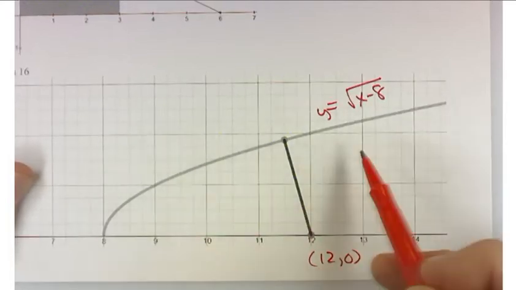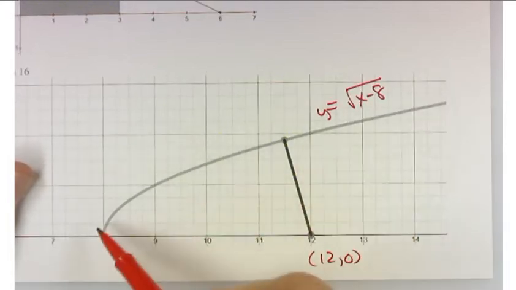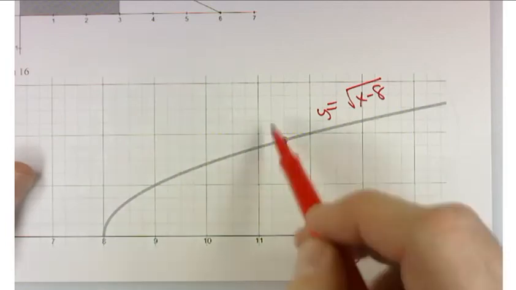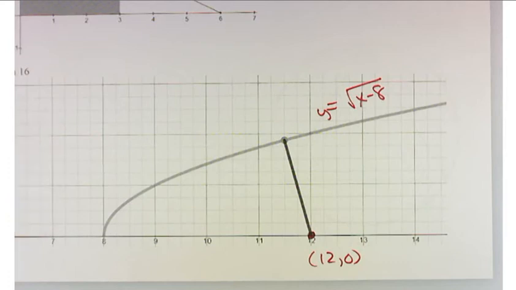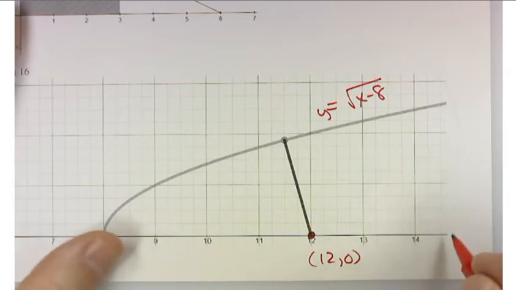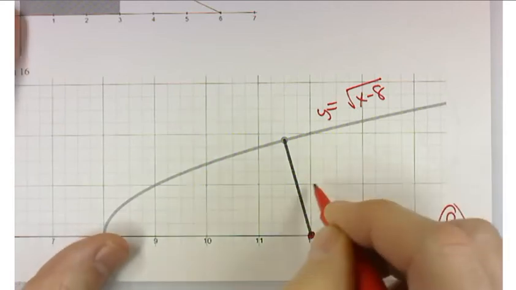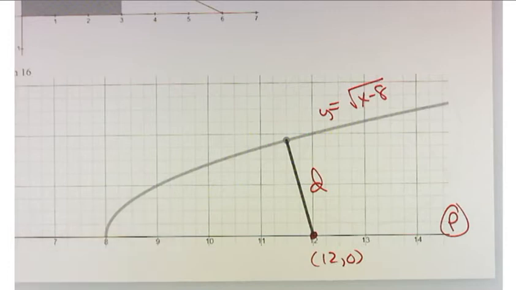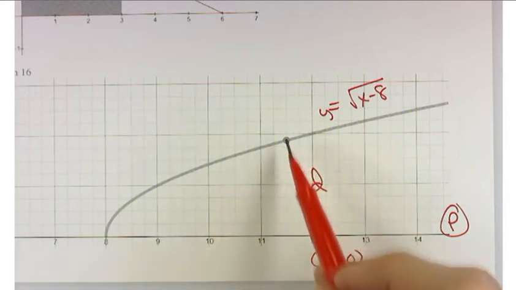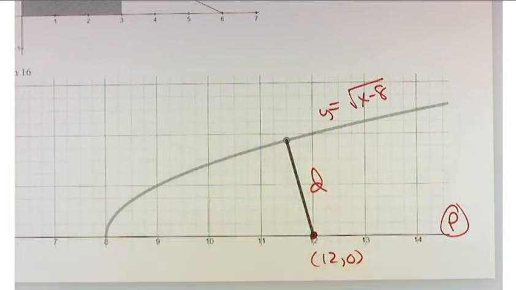Our goal is to try and find the point here on this curve that's closest to this one here, that minimizes this distance. So there's your picture. And it's this distance that I want to try and minimize. I want to make that as small as possible by choosing a point on this curve that is as close as I can get to 12 and 0.